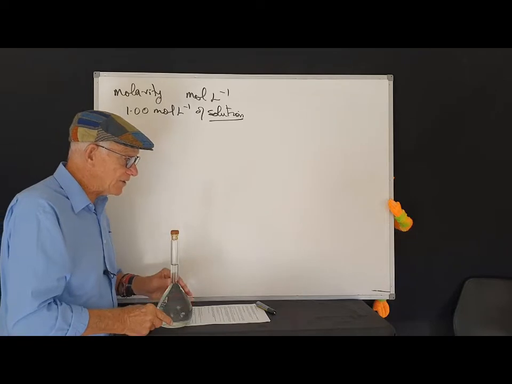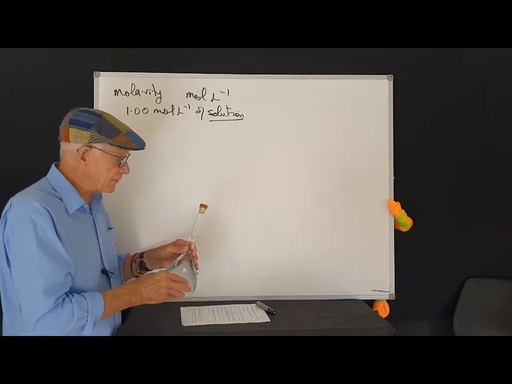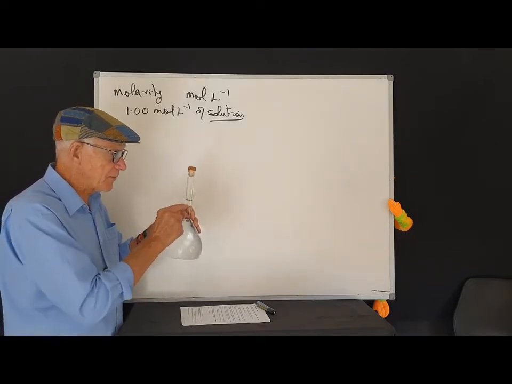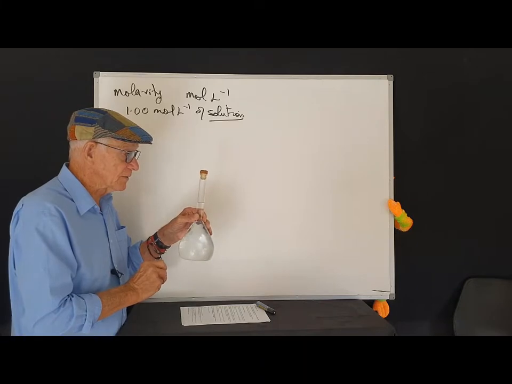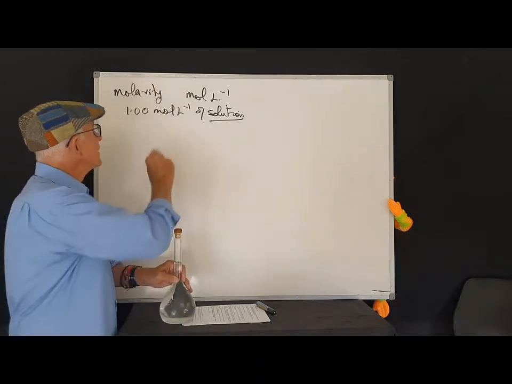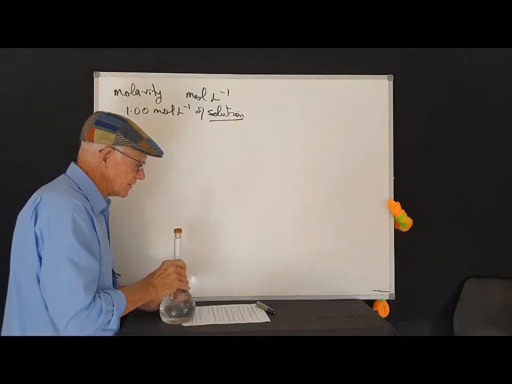So if we actually added 1 mole of sucrose and 1 litre of water, it wouldn't come exactly to that mark. It'd be something less than that, in fact. Okay? Our way of measuring with molarity is the number of moles per litre of solution. Okay?